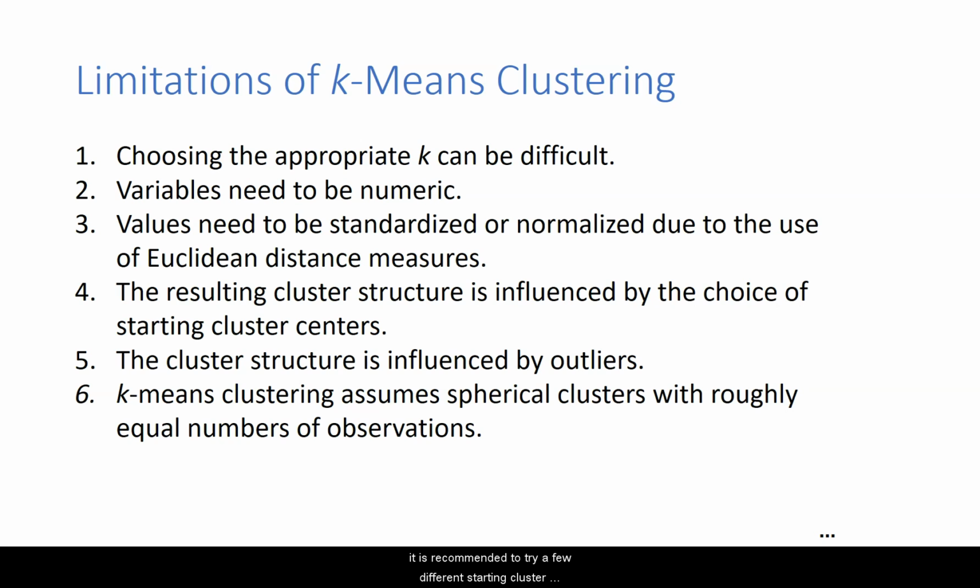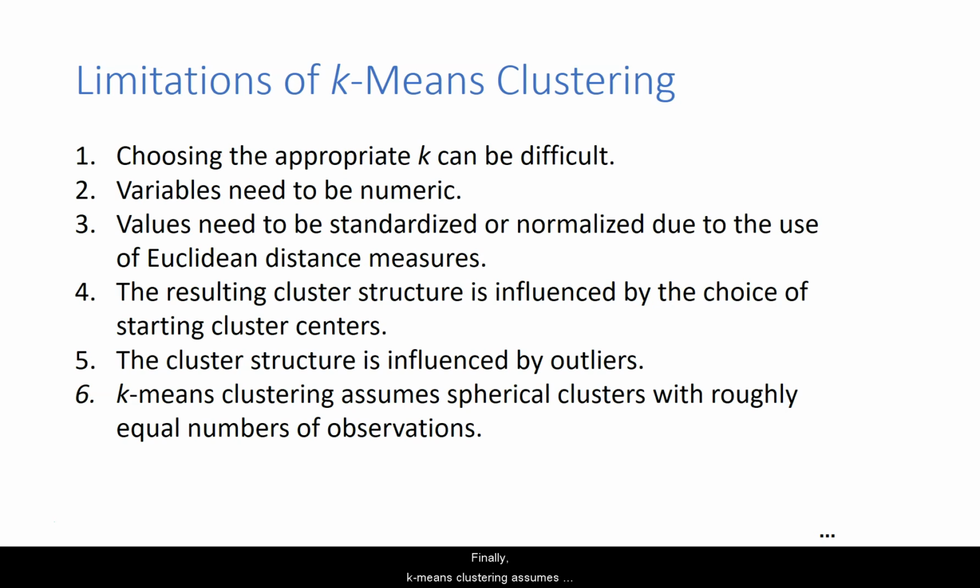Therefore, it is recommended to try a few different starting cluster centers to identify the cluster structure that makes the most sense. K-means clustering is impacted by outliers. Outliers can drag the cluster centroid toward them, so it is recommended that outliers be removed prior to the analysis.